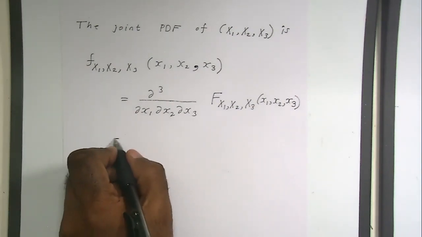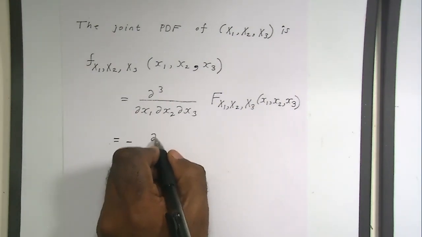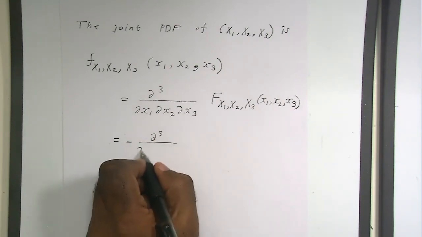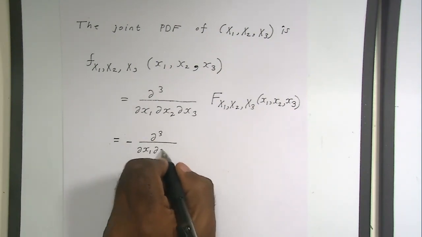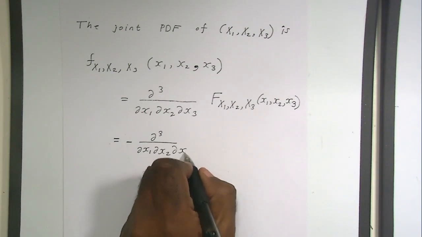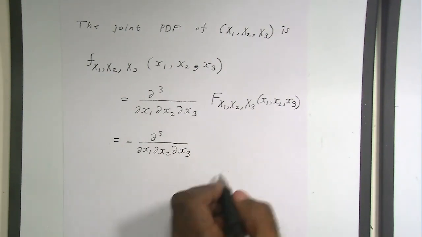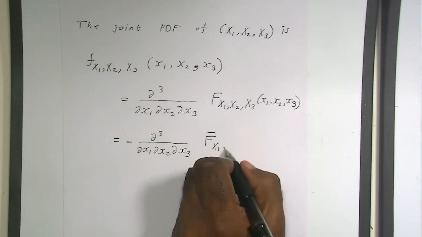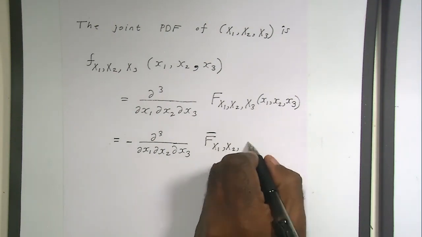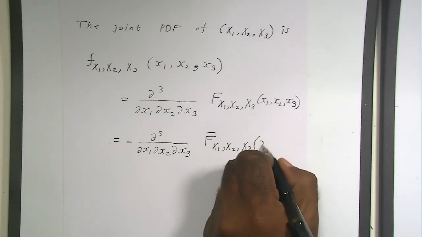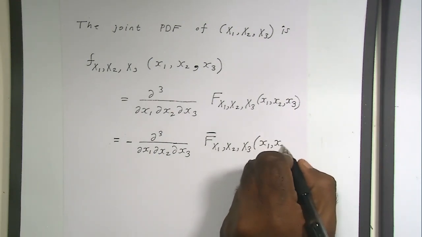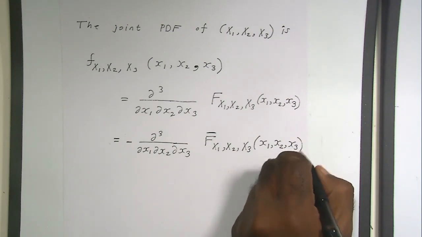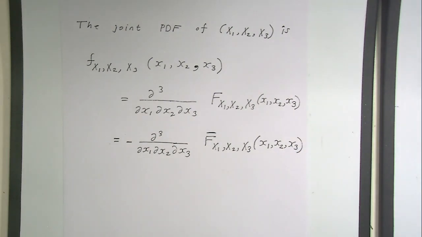Or alternatively, you can differentiate the joint survival function 3 times, but after differentiating it, you need to multiply by a negative sign, right?